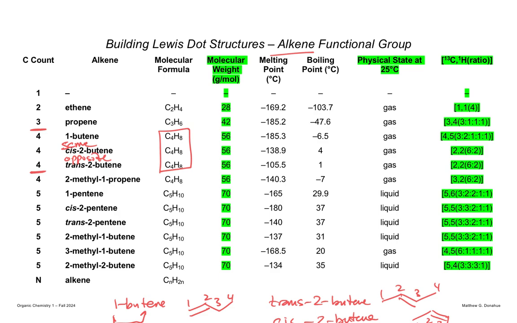So notice in the trans-2-butene, the methyl groups at carbons 1 and 4 are opposite to one another. Then in cis-2-butene, they're on the same side of the pi bond. So cis and trans are related to pi bonds, and how those substituents are organized relative to one another.